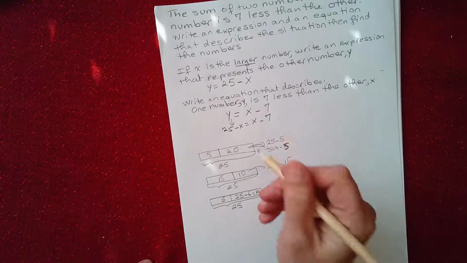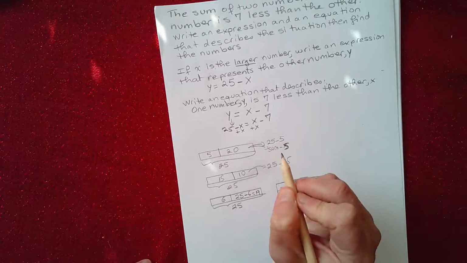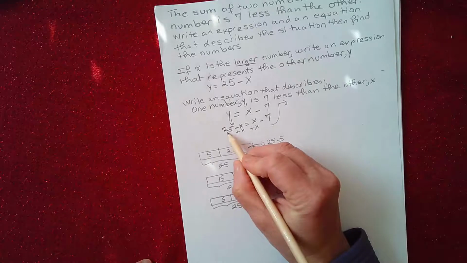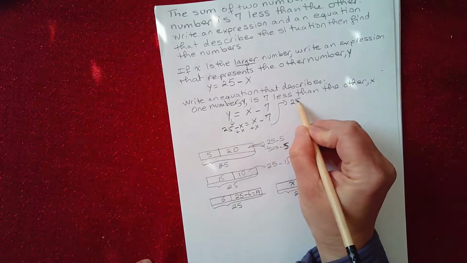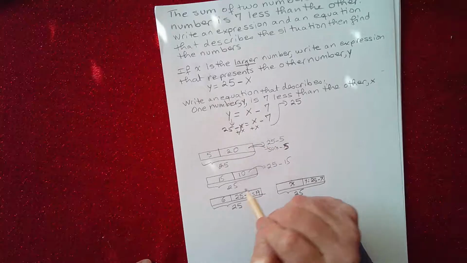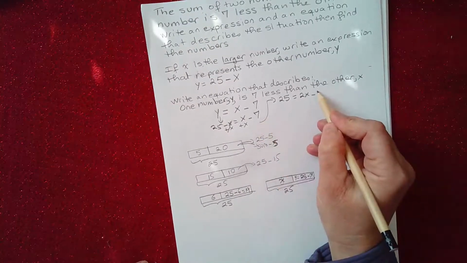Okay, I can, if you want, add x on both sides, so that would give me 25, this would cancel, equal to x plus x, that's 2x, minus 7.